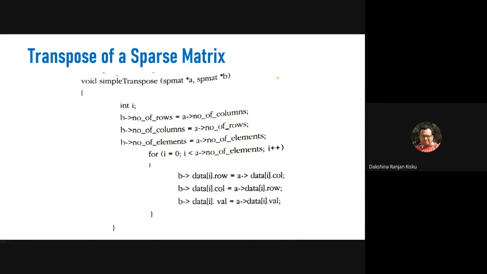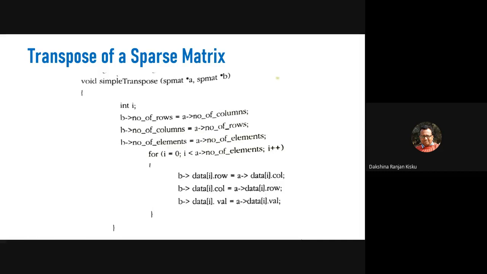And for the number of elements, the number of non-zero elements will be equal, so there will be no change. We write B number of elements equals A number of elements. Then we use a for loop, which will keep track of the non-zero elements which are to be assigned to the same entries in the resultant matrix.